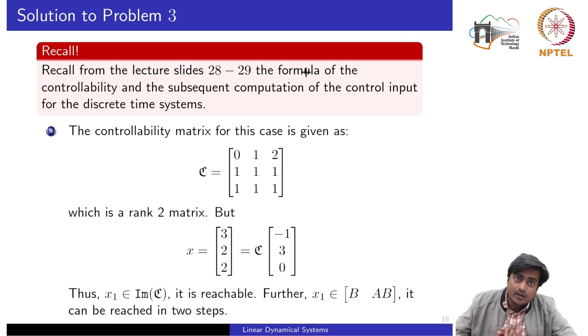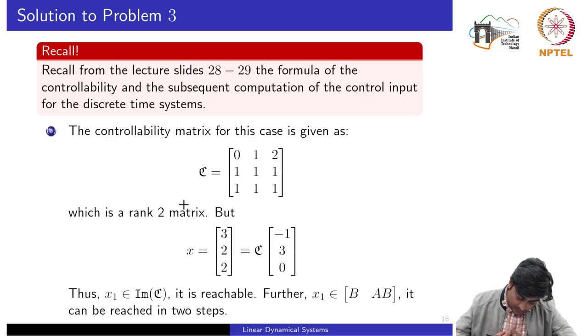But at the same time, you need to recall that for continuous time systems, the concepts of reachability and controllability coincide, but for discrete time systems, they may or may not. First, we compute the controllability matrix by using the standard formula which we had seen in problem 1. Computing its rank, we find that it is a rank deficient matrix because it is not of rank 3.